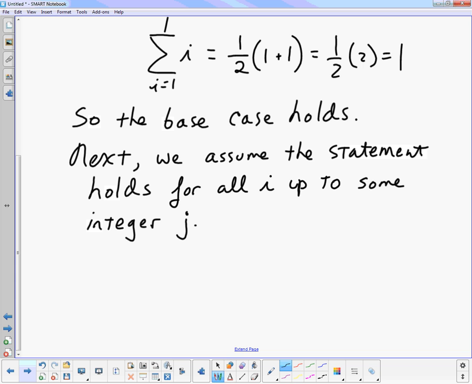And if you can say that the next step holds, you can say that it holds for everything. Yes? Because I can't assume that it's true for all i. That's what I'm trying to prove. J is one of the rungs of the ladder, and I'm going to prove that the j plus 1 case holds.